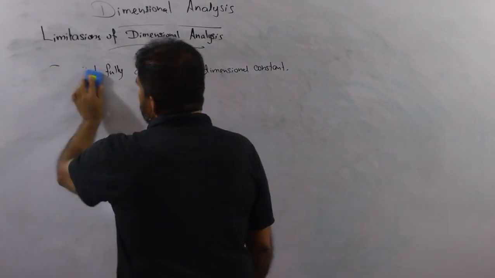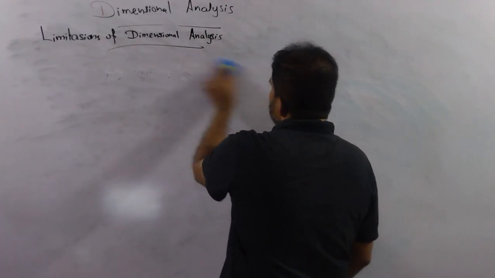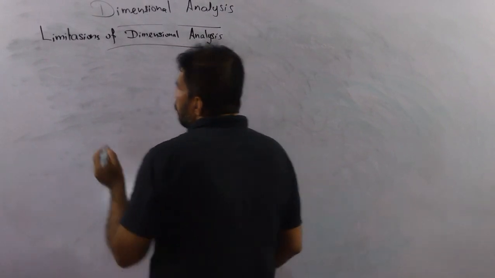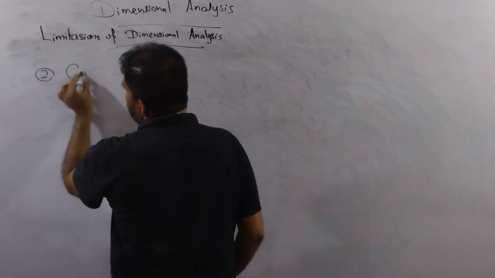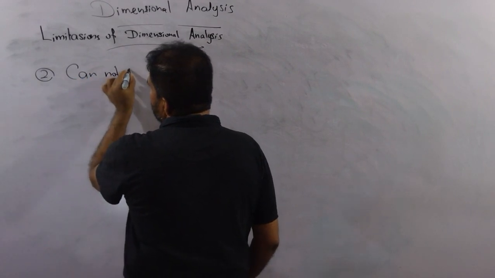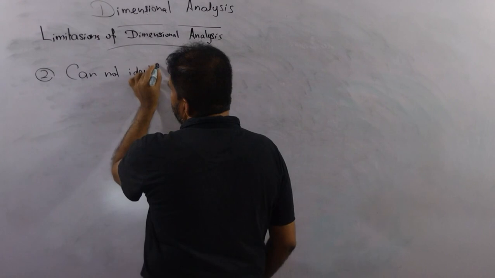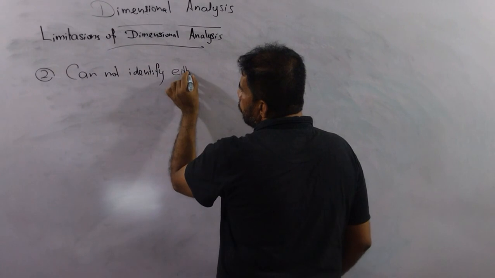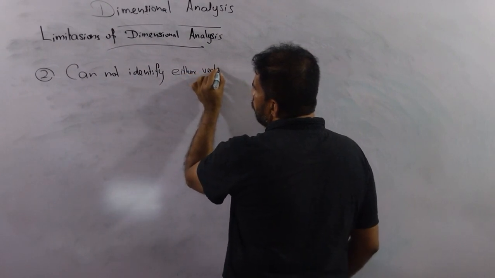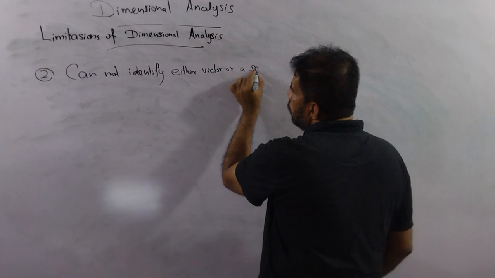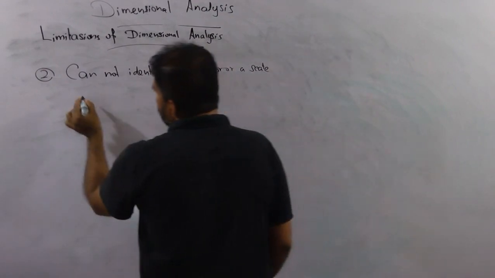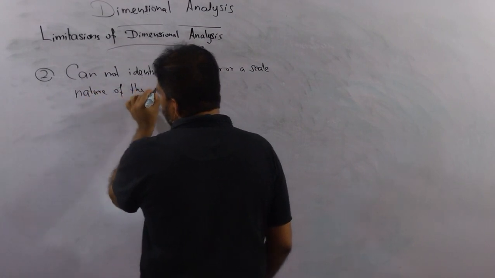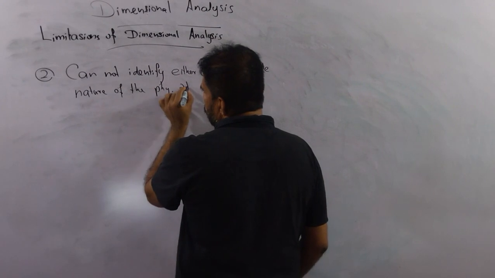With dimensional analysis we cannot identify whether that particular quantity is a vector or a scalar, the nature of the physical quantity.